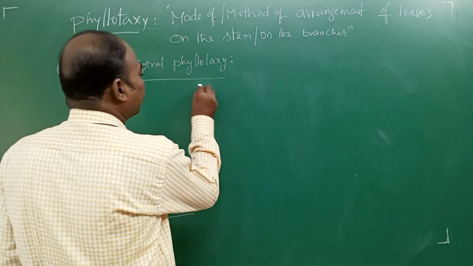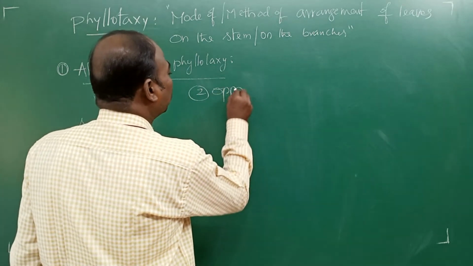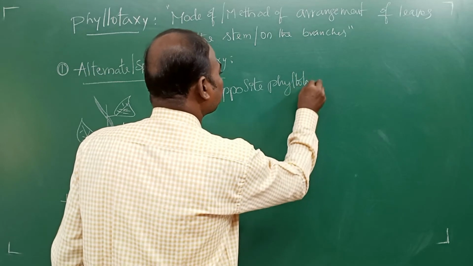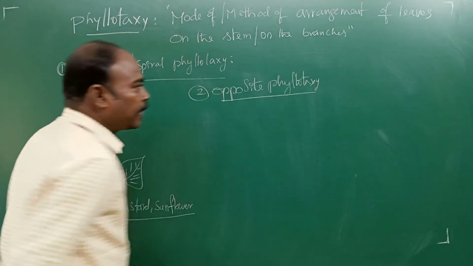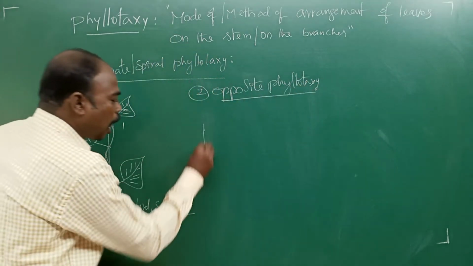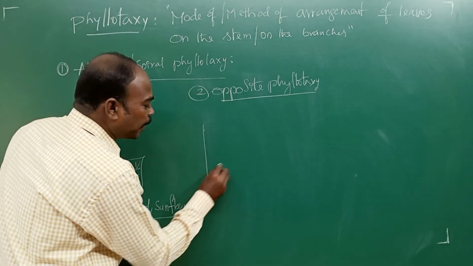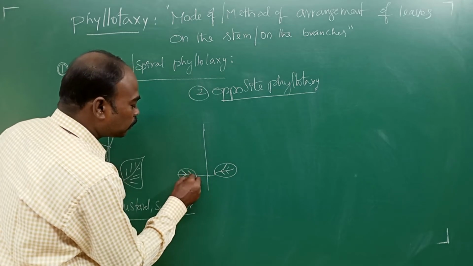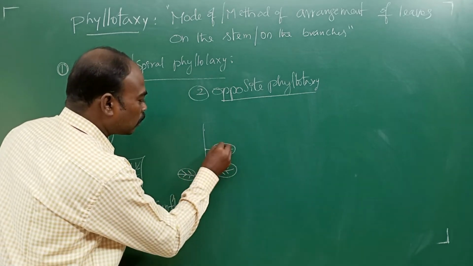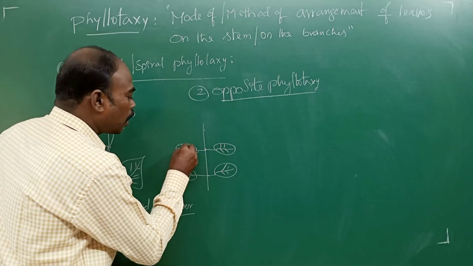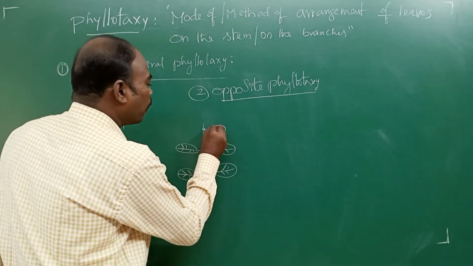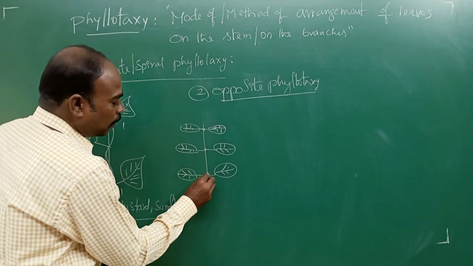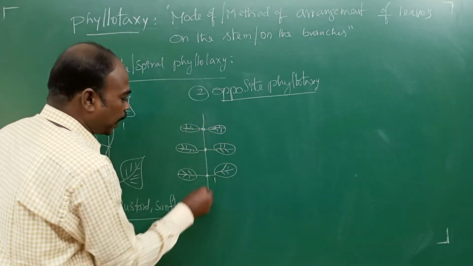Then the second one, opposite phyllotaxy. Here opposite means at a node a pair of leaves is developed. At every node a pair of leaves is developed. Here one pair, here one pair, here one pair.